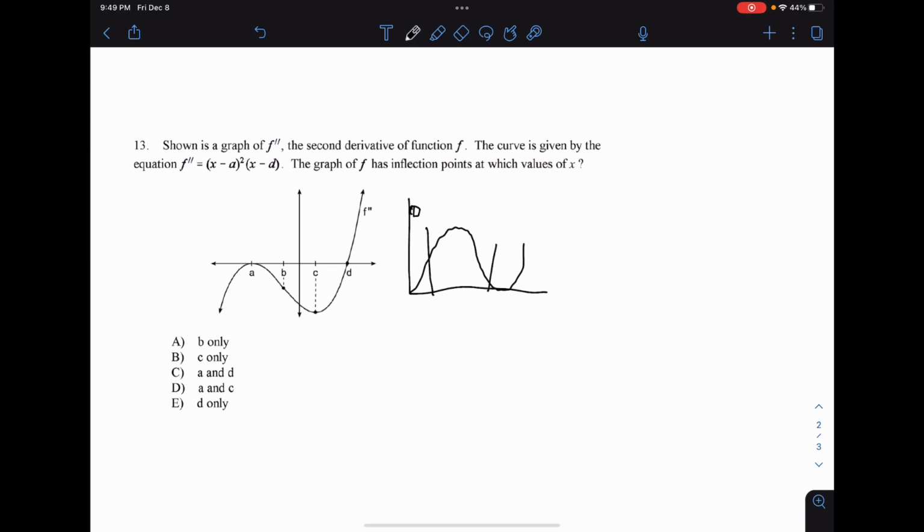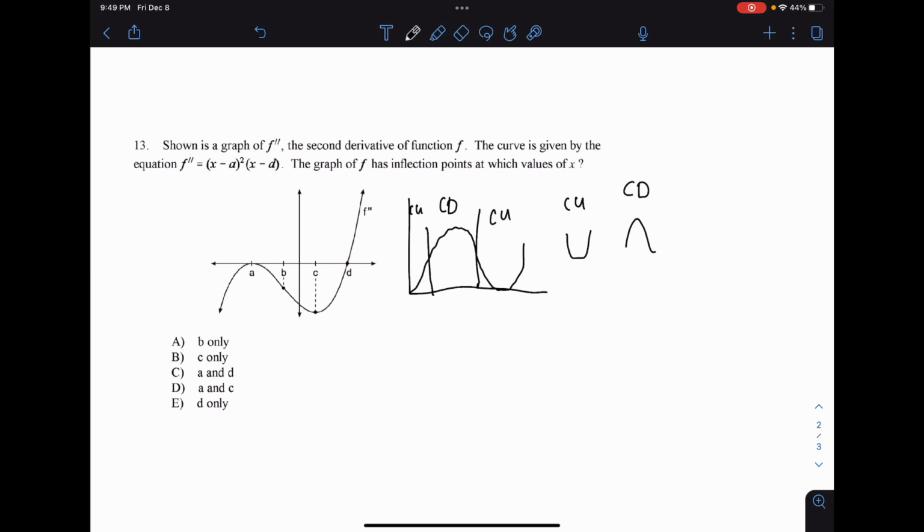This part is concave up, my bad. This part is concave down, and this part is concave up. That just means that the graph is pointing up, that's concave up, or it's pointing down, that's concave down.